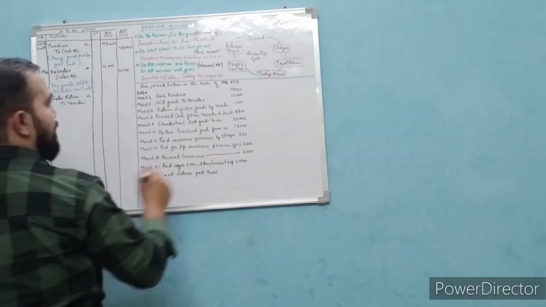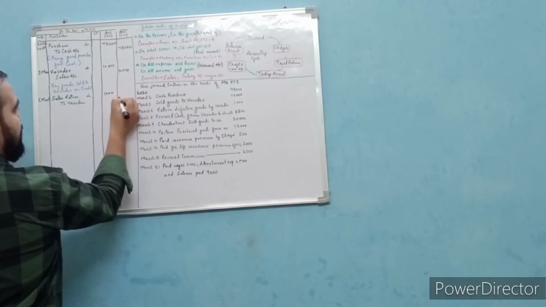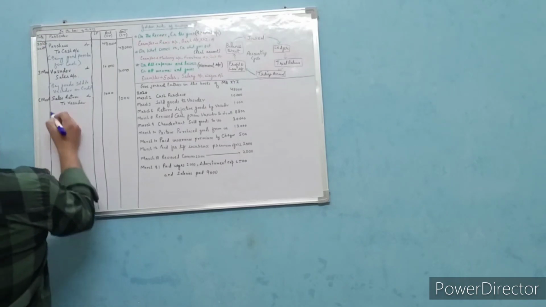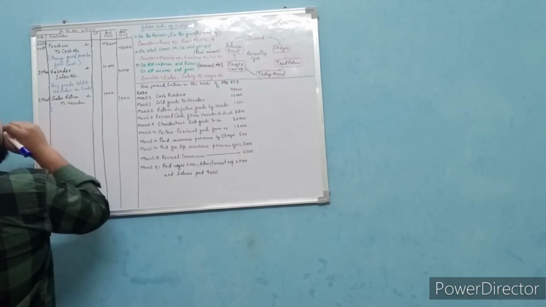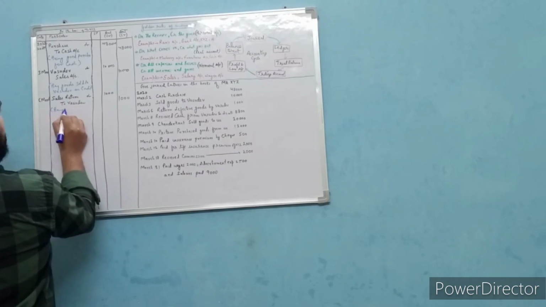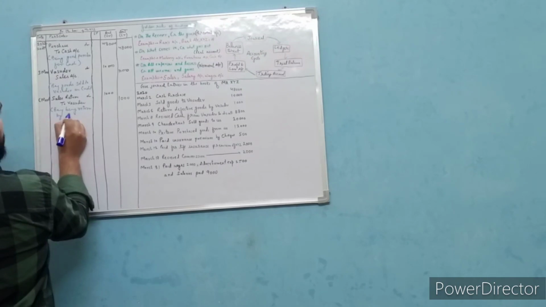Sales return to Vasudev, amount is rupees 1,000. And in brackets we will again explain with the help of a narration: being goods returned by Vasudev.